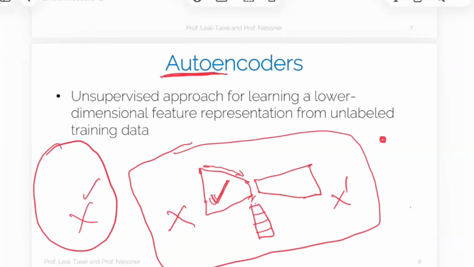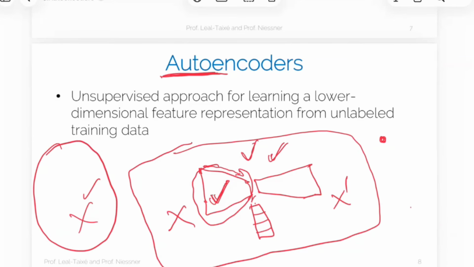Traditionally, people use cryptographic approaches to encode it, like encryption and decryption. You encrypt it, and then on the receiver side you decrypt it. Here, the autoencoder can also be used for doing the same. We can train it on this x to x transformation, and then keep the encoder part on the sender side.